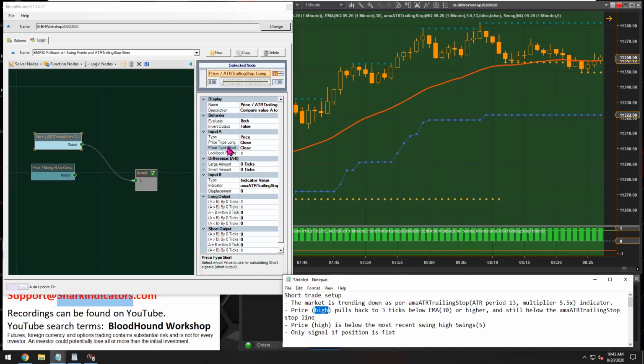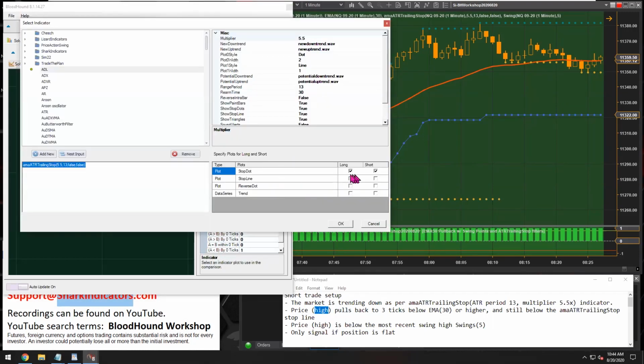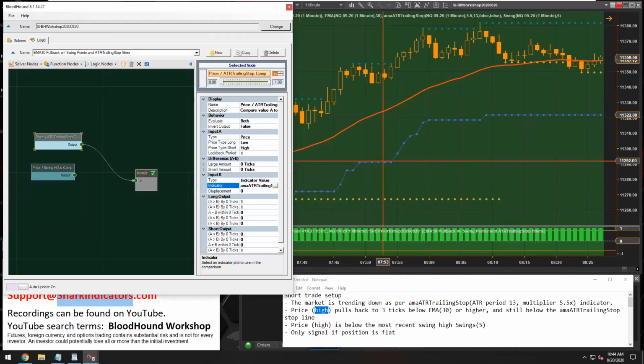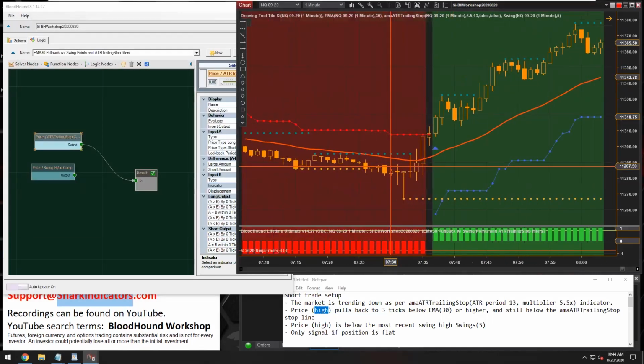For a short, we're using the high of the bar. Actually, yes, just pausing for a moment to think this through, this should work fine. Let me see if I can find some examples.